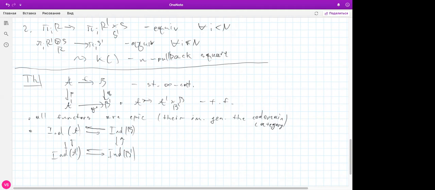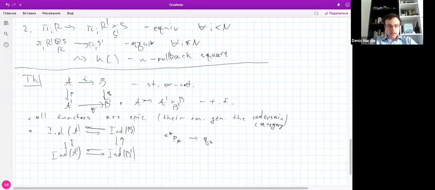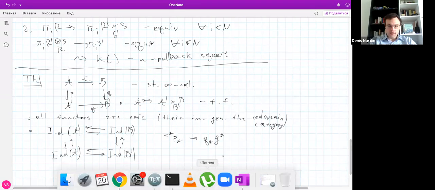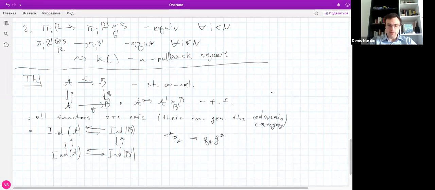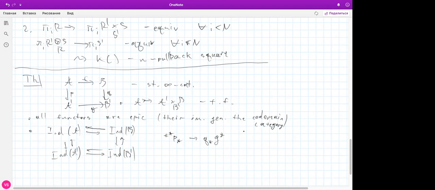Let me fix this problem. And then I have F star P lower star to, yeah, sorry, there is a question. What does it mean, generate the codomain? Does it mean generate after shifts and retracts? Generates under finite limits and colimits. Generate as a stable infinity category.